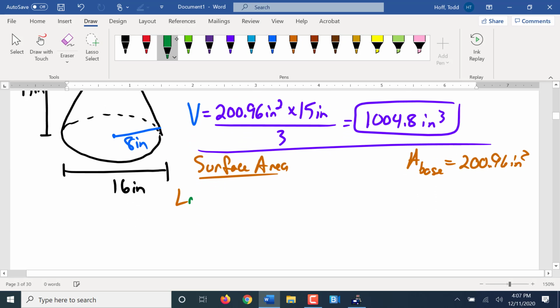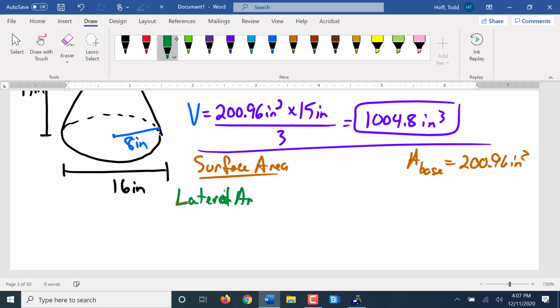For lateral area, we still need the perimeter of the base, but we no longer need the height. What do we need? The slant.